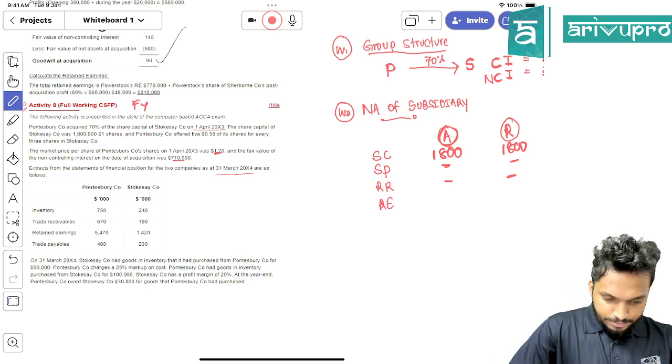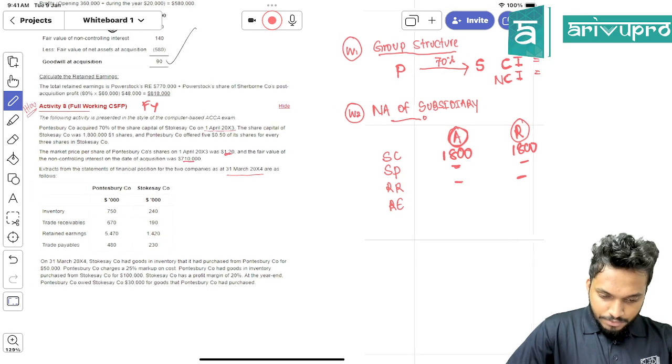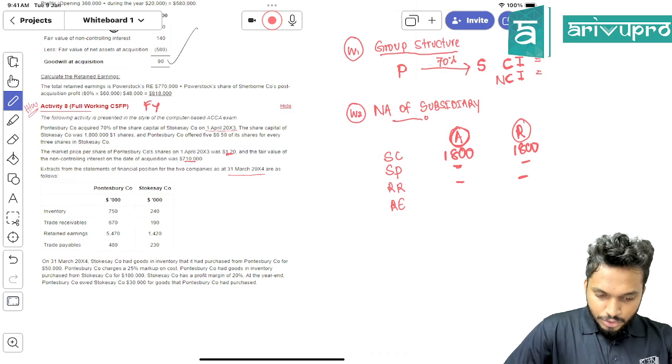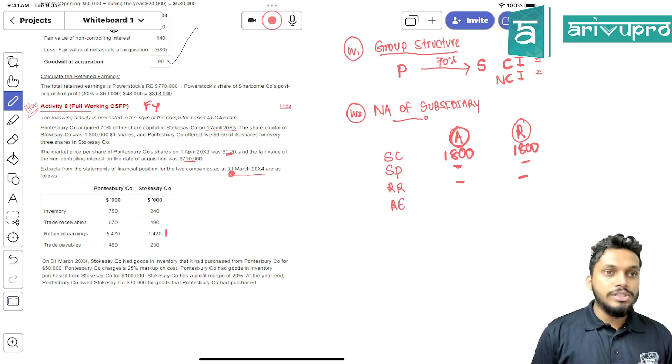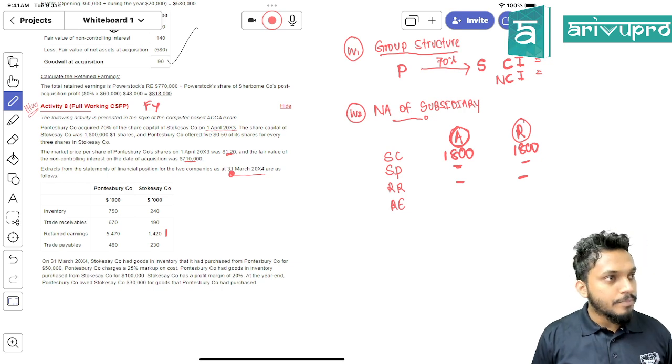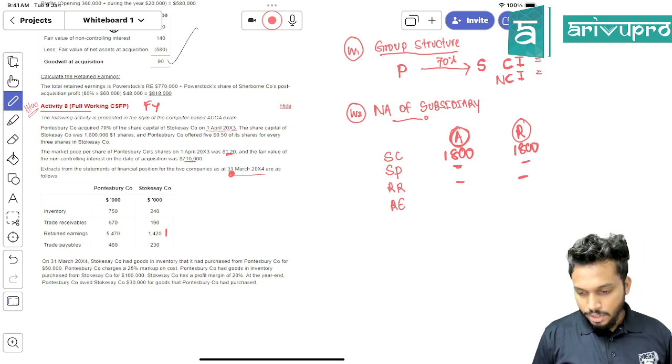That is provided. The extract of the statement of financial position of 2 companies on 31st March 2014 is as follows. So the retained earnings of S company on 31st March 2014, is it your acquisition period or reporting period? Everyone, reporting period.